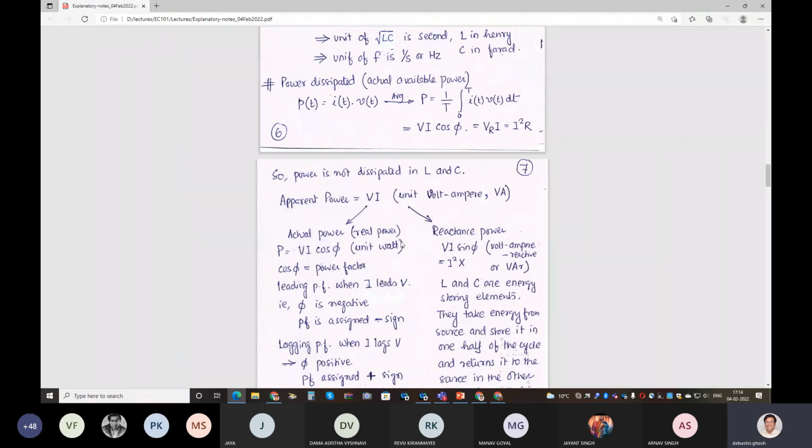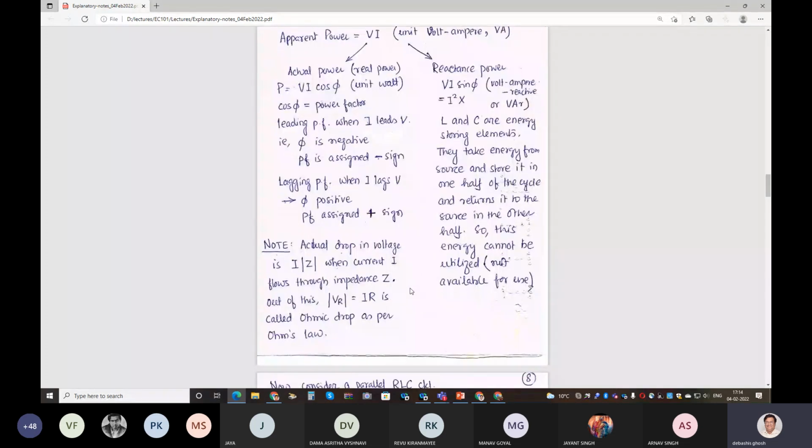That is something we cannot do away with. The energy meter you have at home for measuring the consumed power mostly measures VI, not VI cos phi. So you are paying for something which you are actually not using. Anyway, that is a commercial thing.